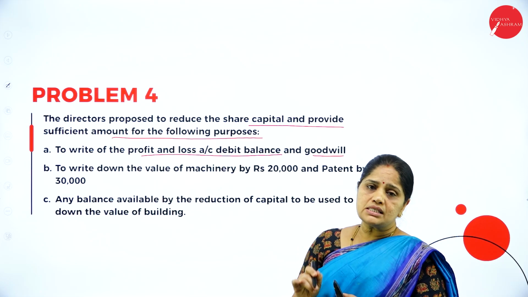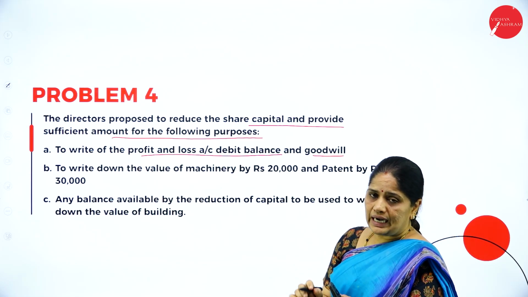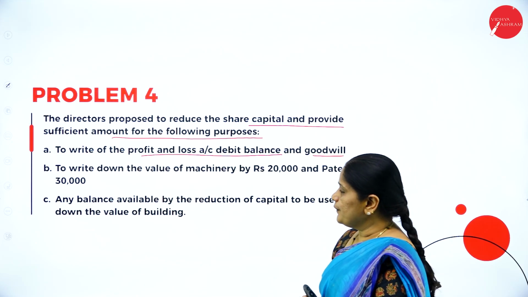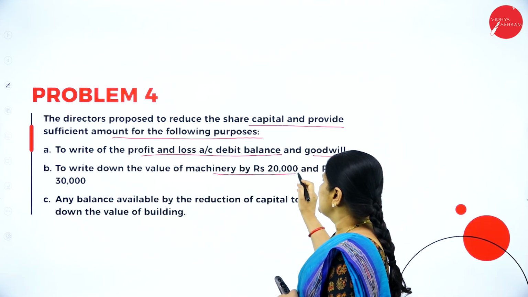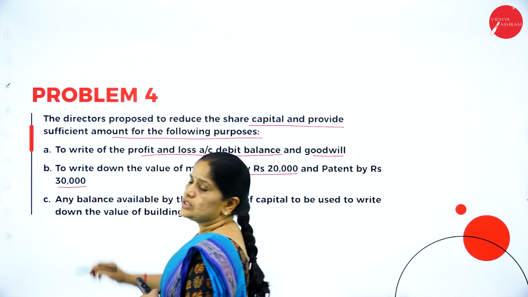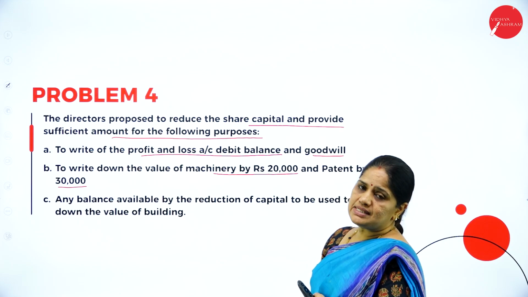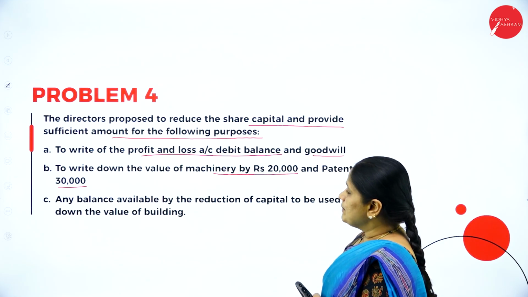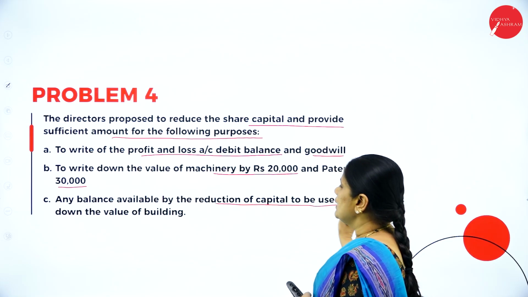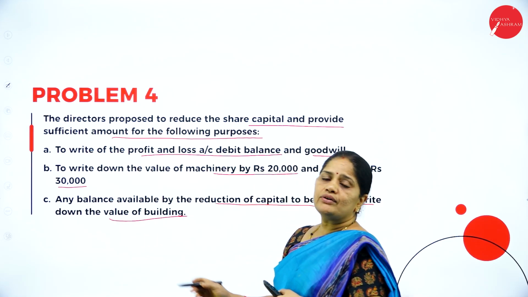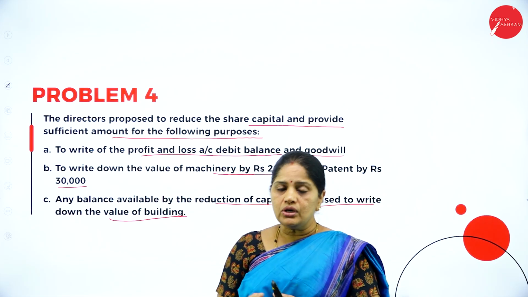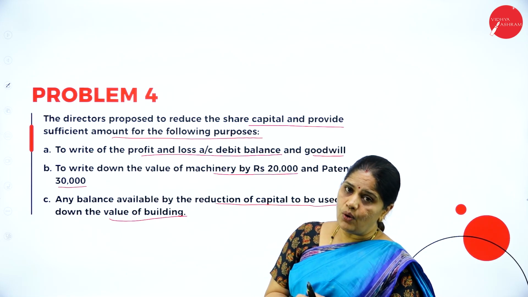It denotes the losses of the company. So to write off the losses, they are making use of this capital reduction account. And to write down the value of machinery by 20,000 and patents by 30,000. So they are planning to write down the depreciation for patents and machinery, and any balance available by reduction of capital to be used to write down the value of building. So whatever is the remaining amount that they are making use to depreciate the building value.